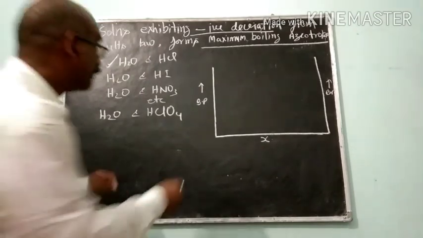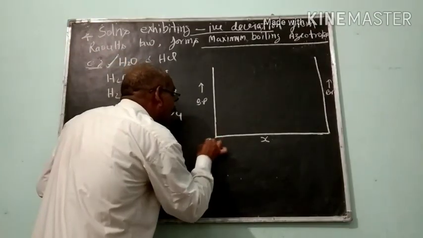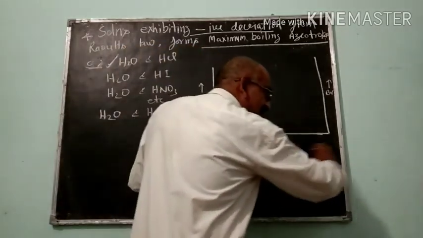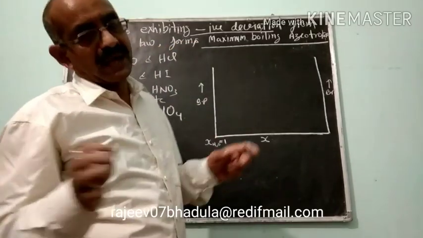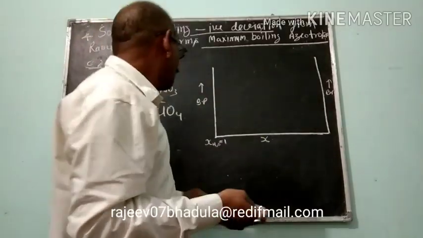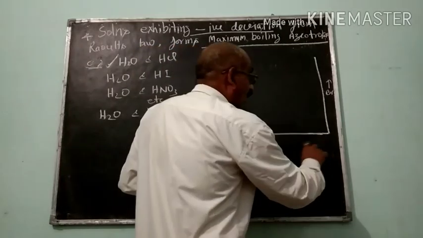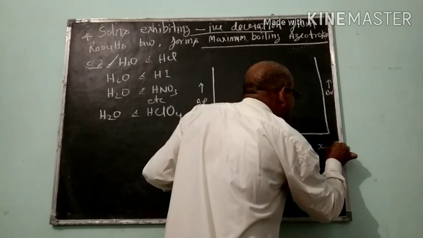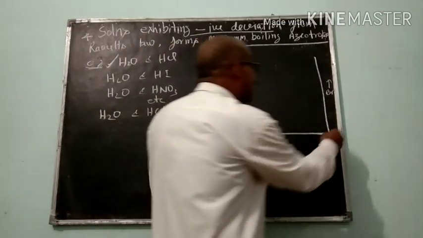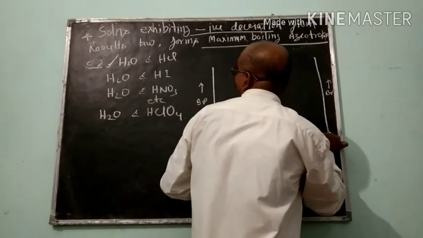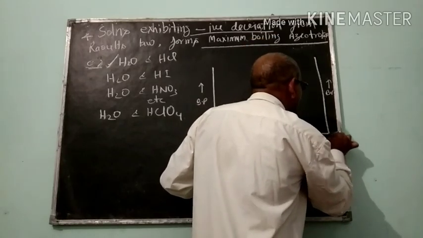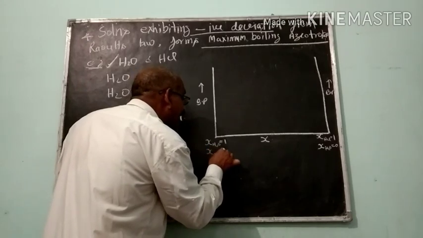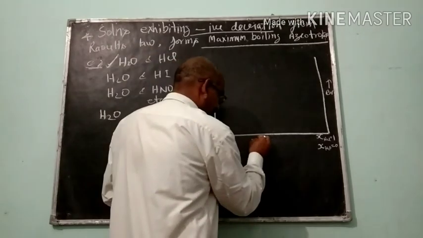See here at this end, this is the water, mole fraction is 1, और इस डायरेक्शन में क्योंकि आप जानते हैं sum of mole fraction of all the components is 1, तो here it is 1 और यहाँ पर as in this direction the mole fraction of water is decreasing and it reaches to 0. On the other end here the mole fraction of HCl is 100% और इस डायरेक्शन में ये रिड्यूस होते चले जा रहे हैं और it becomes 0.